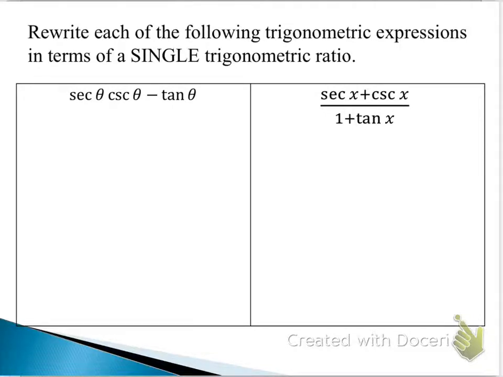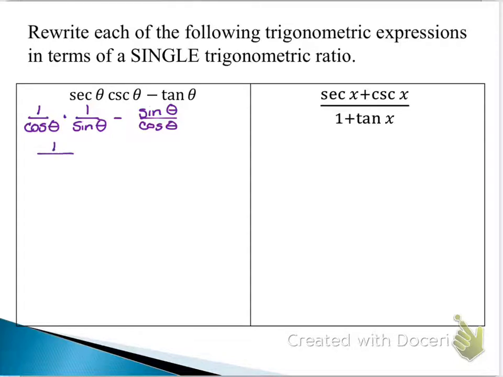So I know that my secant theta is going to be 1 over cosine theta times cosecant theta is going to be 1 over sine theta minus tangent theta is going to be sine theta over cosine theta. Now I have it all in terms of sine and cosine.